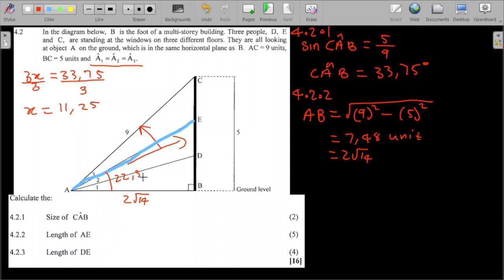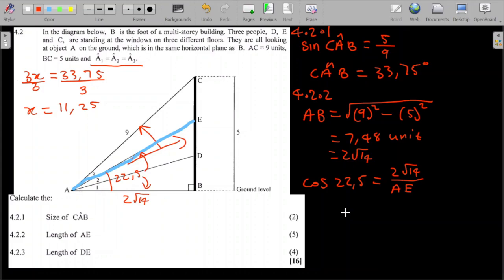So it's going to be now adjacent of this angle over my hypotenuse side to find AE. So which trig ratio is that? So it's going to be cos of 22.5, which is the adjacent side, which is going to be 2 square root of 14 over my hypotenuse side, which is AE. So it's AE.